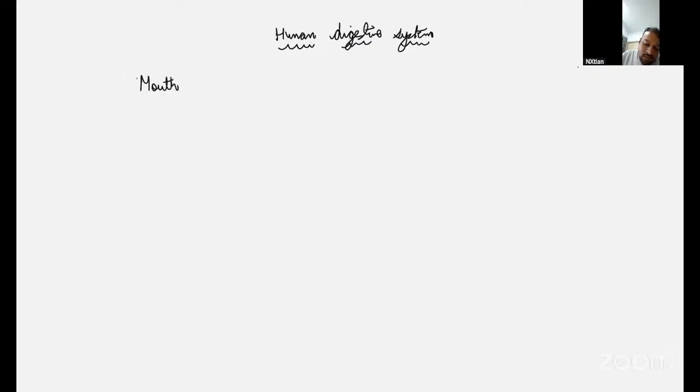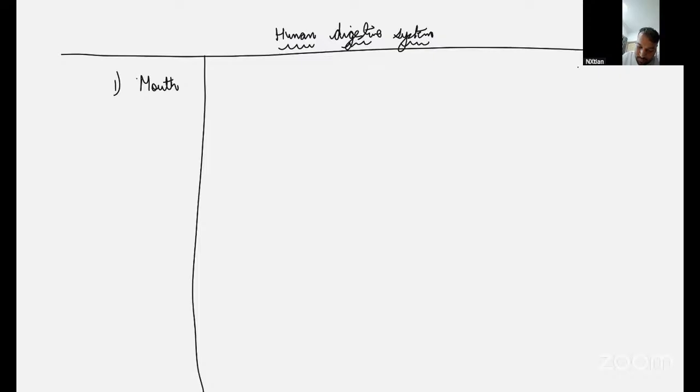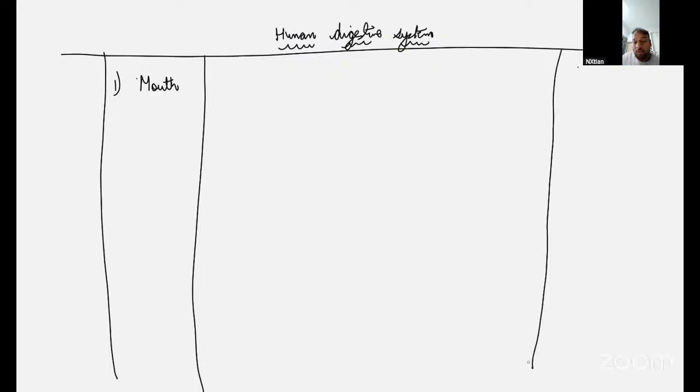Now listen. In our human digestive system, we eat food from the mouth. The first is the mouth. When we eat, we chew it, so the first process starts from chewing. What is the role of chewing?